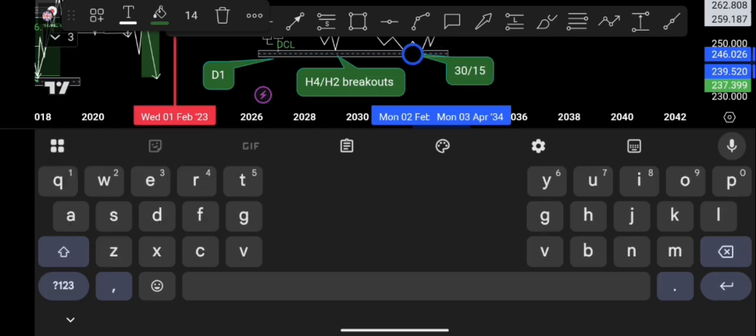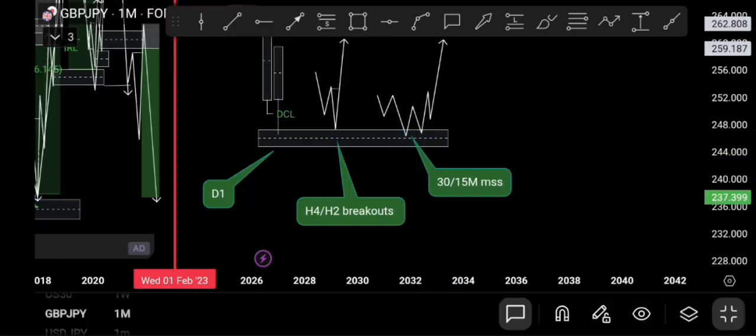You have your 30 or 15 minutes market structure shift. It's as simple as that.